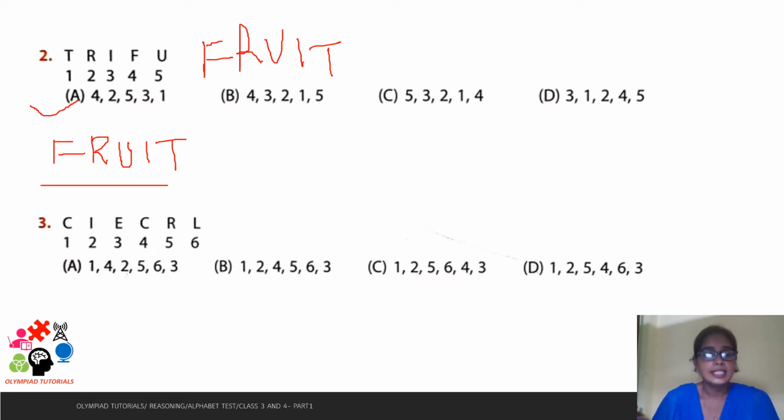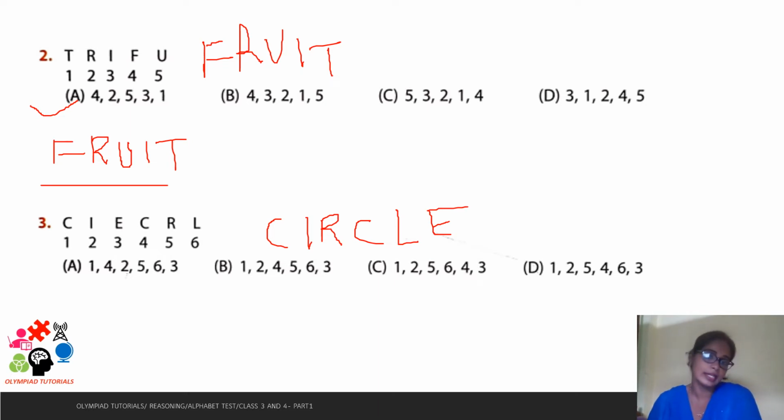Now next, CIECRL. 6 letters are there, and just by observing, I can tell you that the answer is going to be CIRCLE. Now we'll see this circle word, which is the correct option for that.